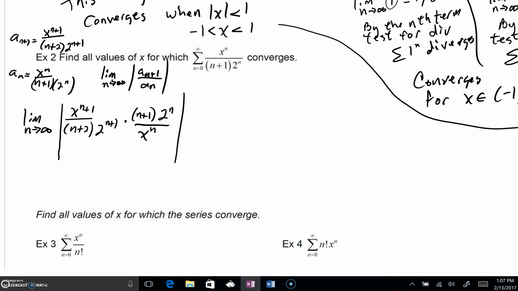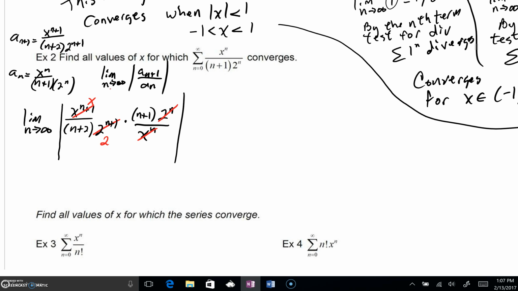Well, let's do a little canceling. The 2 to the n and the 2 to the n plus 1, that's going to cancel, and you're going to be left just with a 2 down below. The x's are going to cancel. You've got n plus 1 up here, and you're going to say, well, isn't this nice? I'm going to have one single x left up on top. I have n plus 1 terms of x in the numerator.